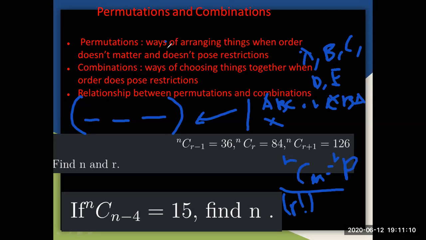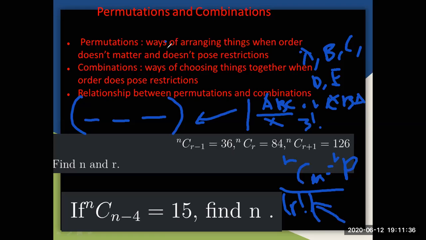This is because you look at ABC, and you see how many ways there are of just rearranging ABC amongst itself. Since there are three letters, you can rearrange them three times, and that is what basically your r factorial is.